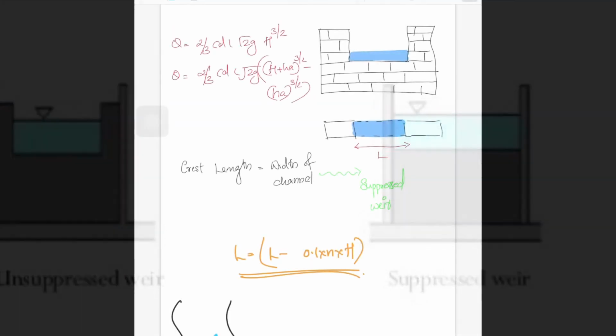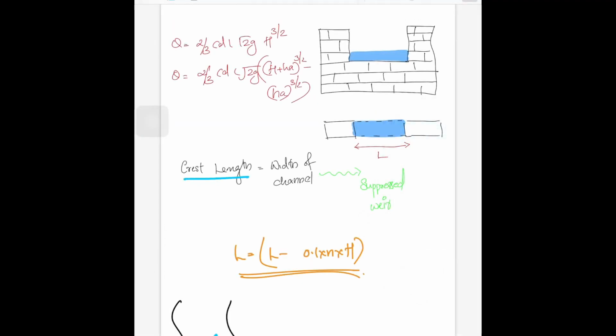Now the specialty is that the crest length will be equal to width of the channel. This is the crest length, and this is equal to width of the channel. And those kinds of weirs are called suppressed weirs.